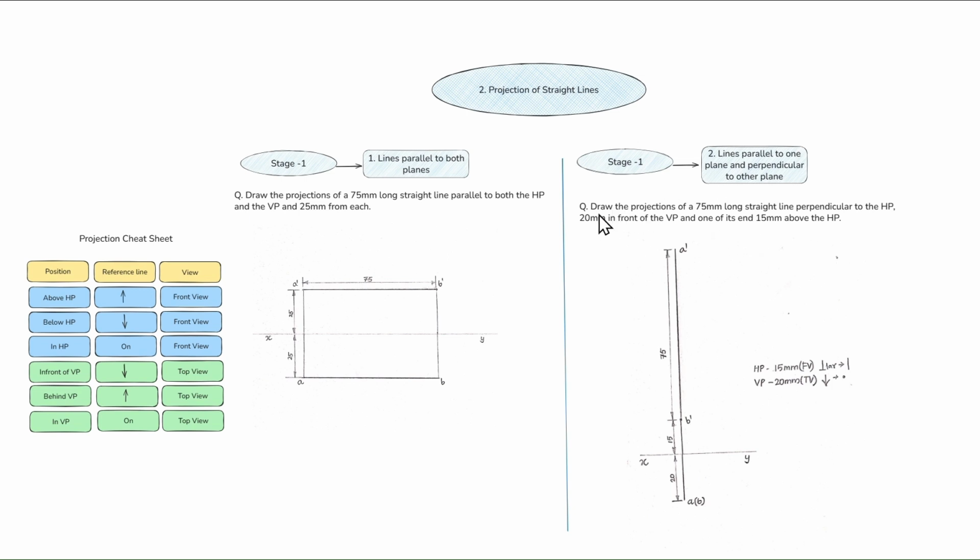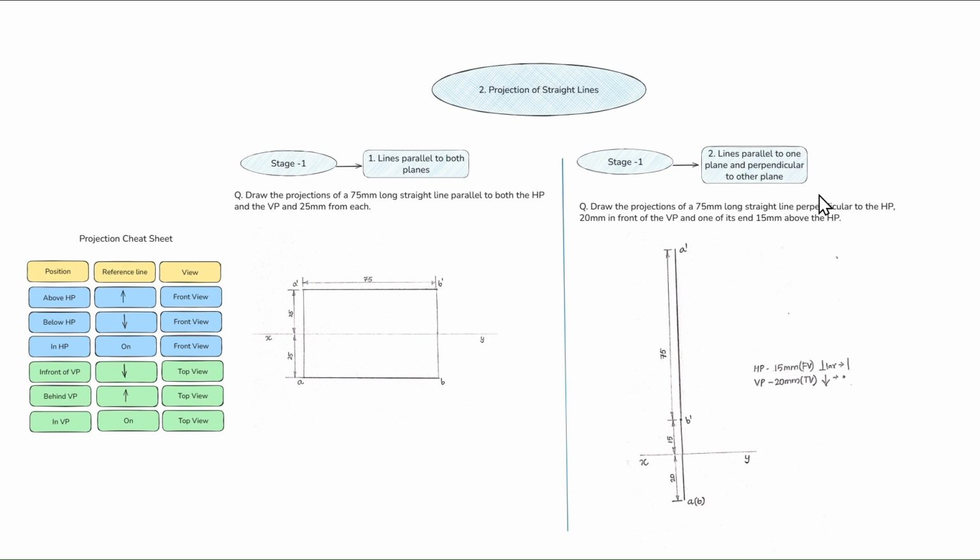Let's try to understand this question: draw the projection of a 75 mm long straight line perpendicular to the HP and 20 mm in front of the VP, with one of its ends 15 mm above the HP. In this kind of question, where you are asked to draw a diagram with lines that are parallel and perpendicular, first you check which one is perpendicular.